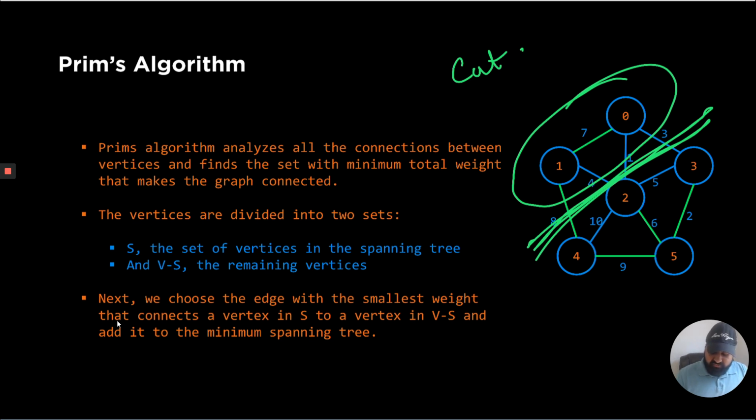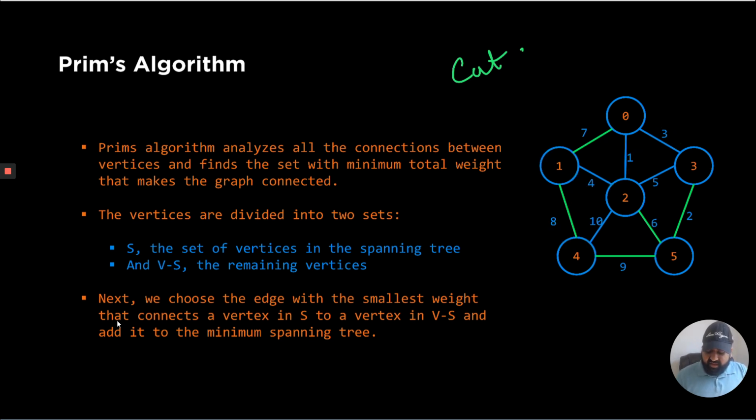Now, the cut property says that if we make any arbitrary cut, like if we place some vertices in one set and the others in another, then among all the edges that connect these two different sets, the minimum one will always be a part of the minimum spanning tree.